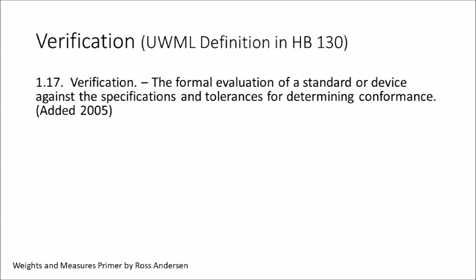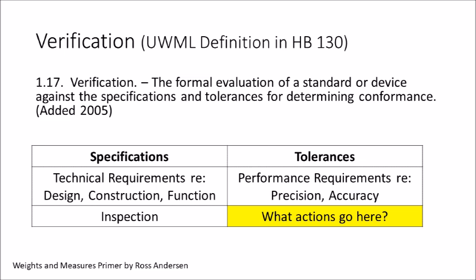There's a specification piece and a tolerances piece. On the specification side, we have technical requirements regarding design, construction, and function. And the way we verify is through this action we call inspection. On the tolerances side, we have performance requirements regarding precision and accuracy.